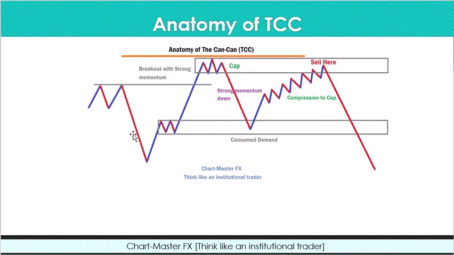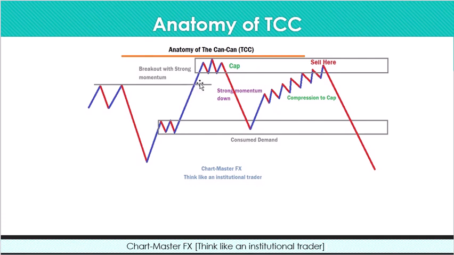As the market drops, we expect that when the market is coming from this side, it should do a base rally. So here we can see the market rallied up and it created a base and rallied up.